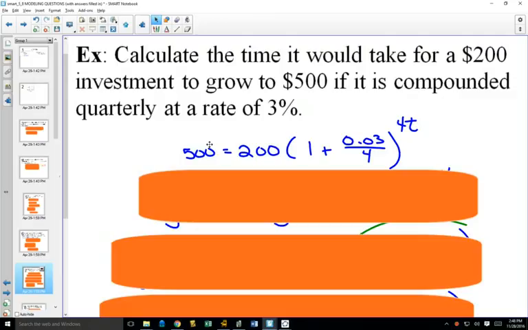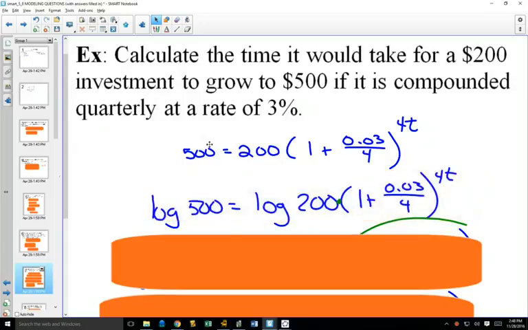I've got the technique that we haven't done as often up on the board, but I saw a lot of people divide both sides by 200 first and get 2.5 on the left. That's perfectly fine. That's great. I'm going to do this one as what happens when you say, I see that I'm solving for t in the exponent. I know I have to take the log of both sides.